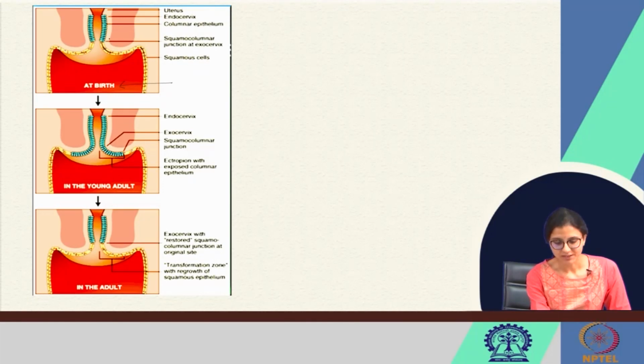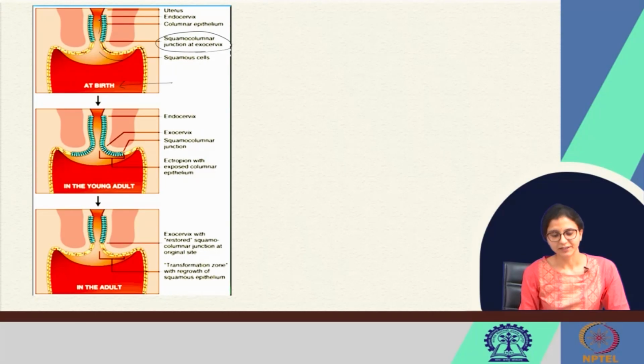At birth, the squamocolumnar junction we have shown is the original squamocolumnar junction. The ectocervix is lined by the squamous epithelium and the endocervix is lined by the columnar epithelium, and this remains the squamocolumnar junction. At the onset of puberty in young adult, the vaginal pH becomes acidic.